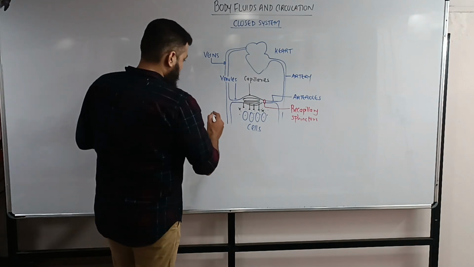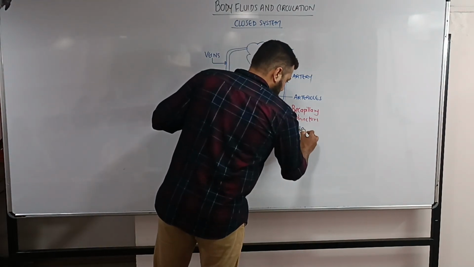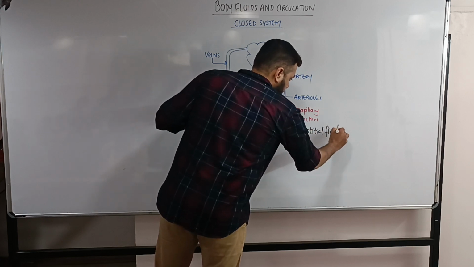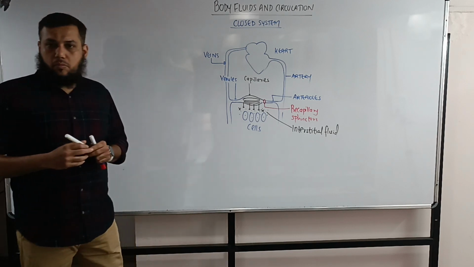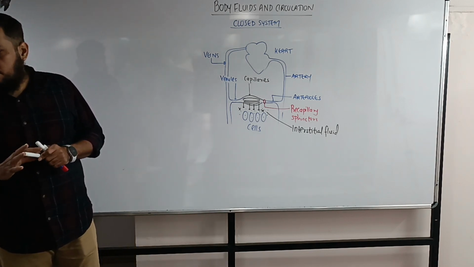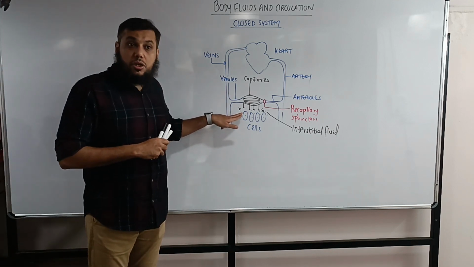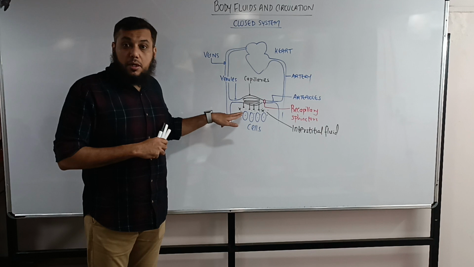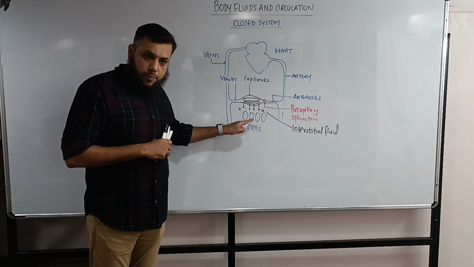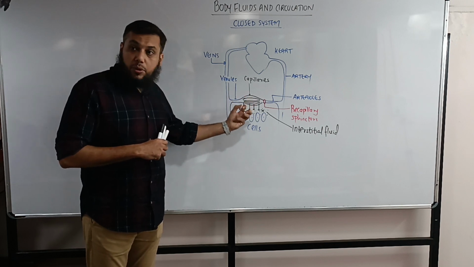This fluid is called interstitial fluid. It occupies the tissue spaces, the spaces between the cells. And through this fluid, the cells will get the nutrients.